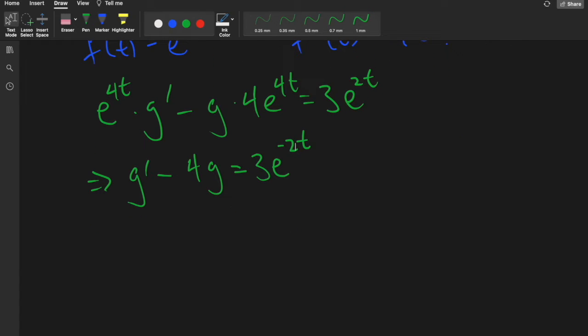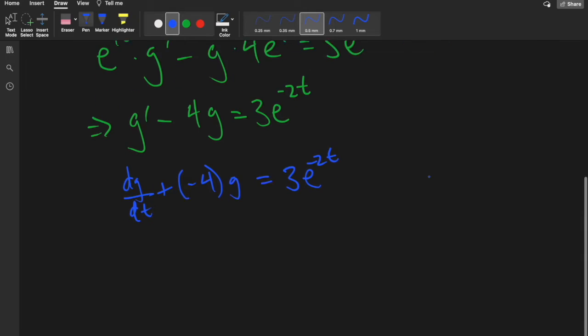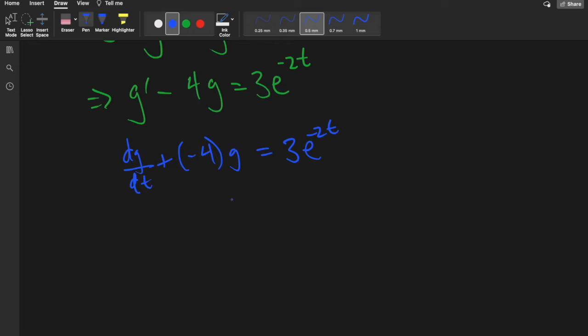and here we can solve using our method of an integrating factor, because what we have here is dg by dt plus negative 4 times g is equal to 3e to the negative 2t, which is some function in t. So our integrating factor should be of the form e to the integral of negative 4 dt.